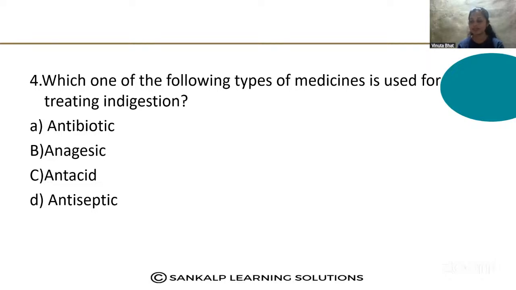Antacid, yes. Many students are writing antacid. Yes, Vaibhav is very good. Option C, antacid, is the correct answer.